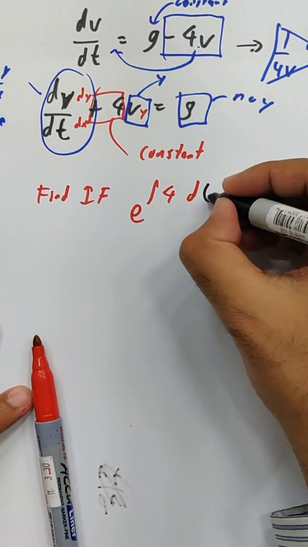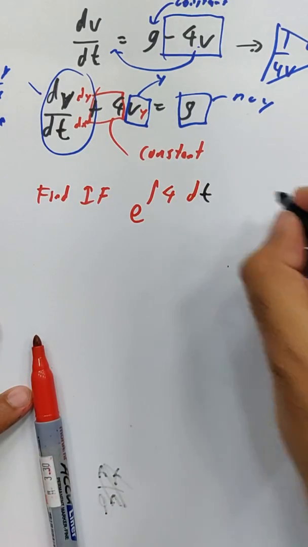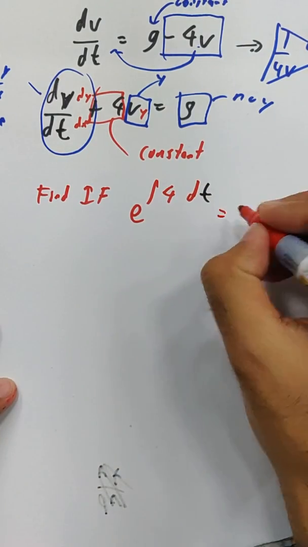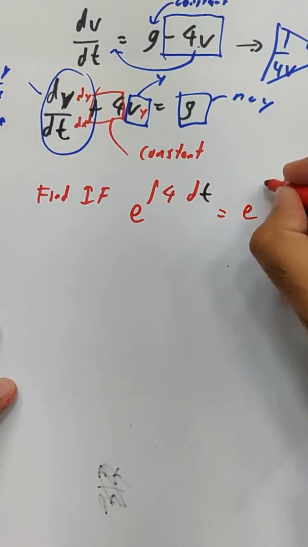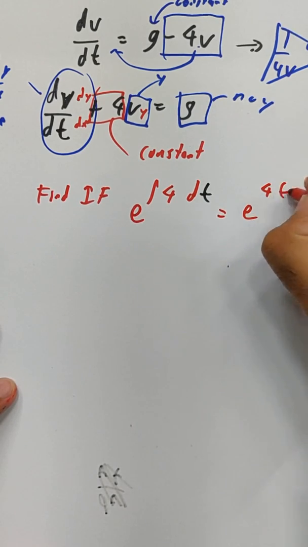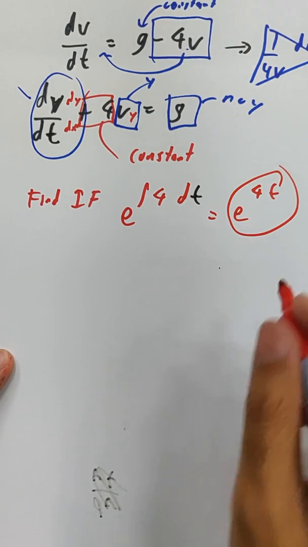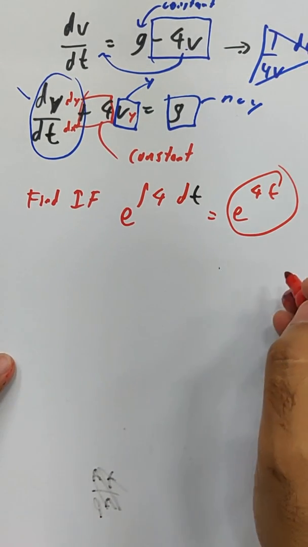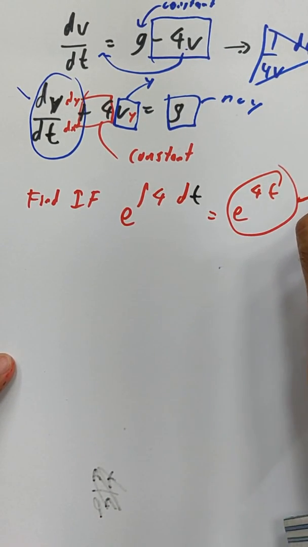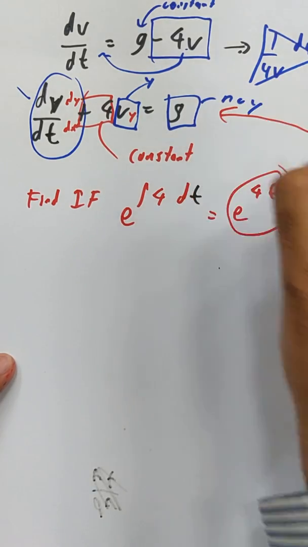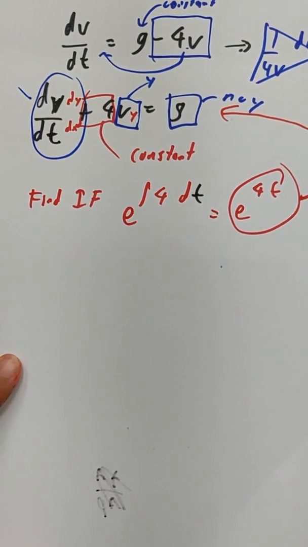Okay? You follow here. Integrate this one, e^(4t). Can I simplify further? I can't. And where should I put this thing? I multiply it to which one? The second one, before finding IF.